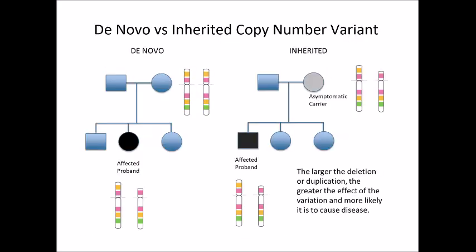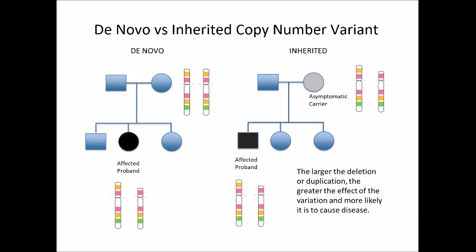So what can happen here is we see these can be either de novo or inherited. On the left, we have the parents, with no CNVs in the parents. And then one of the children has a disease, and we can see that a little piece of DNA has been chopped away. Now on the right, we have a person who's an asymptomatic carrier, and they've got a piece chopped off, and they pass that on to their child, and now the child has a disease.